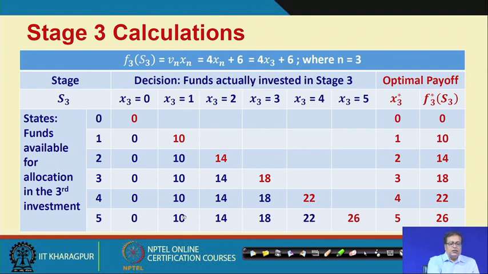Now, at this stage one can have one of 6 situations, that is, the fund that is available could be 0, 1, 2, 3, 4 or 5. But if you spend only 0 out of that, and if 0 is available, then the return should be 0.